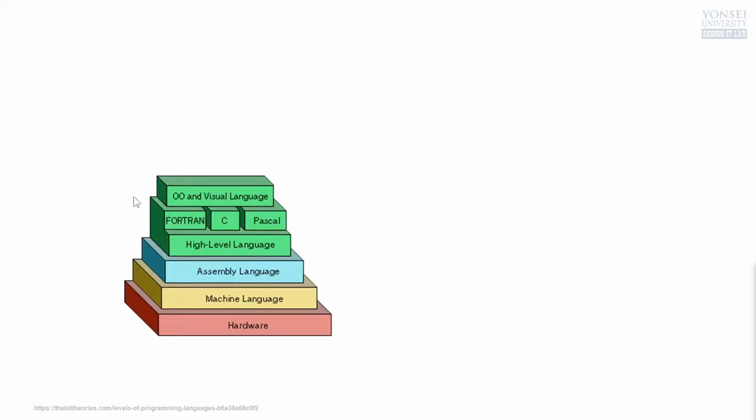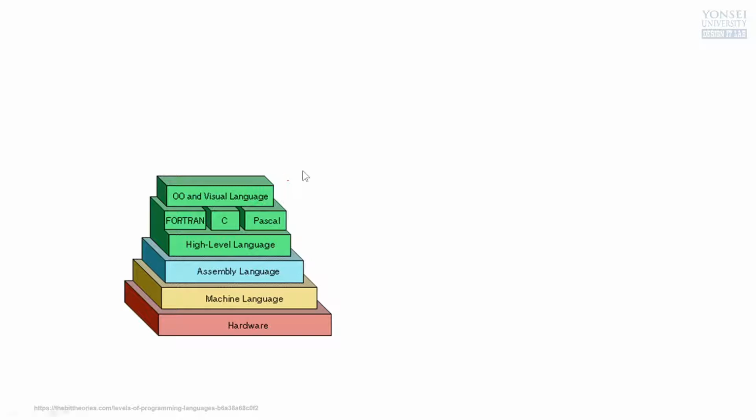In this structure, as I mentioned before, low level issues are not our topic. We need to take a look at some higher level issues. As I told you before, Fortran, C, Pascal, Java, object orientation, or some visual languages are sort of higher level, but let's look at what is at an even higher level.